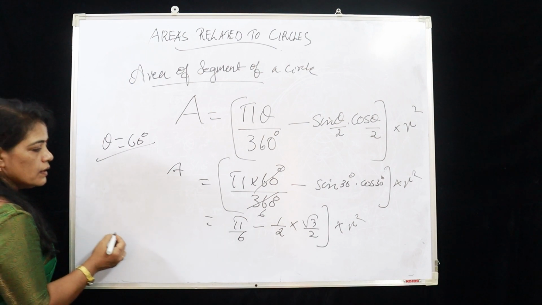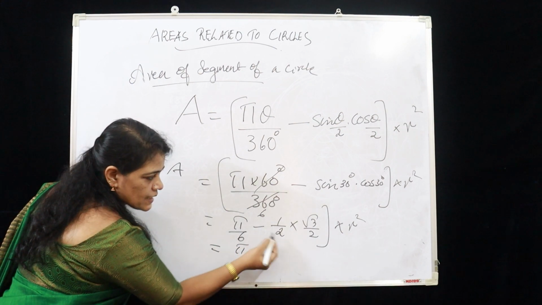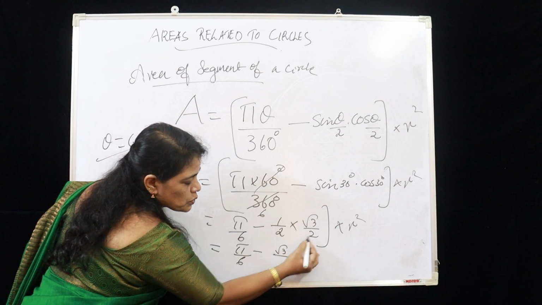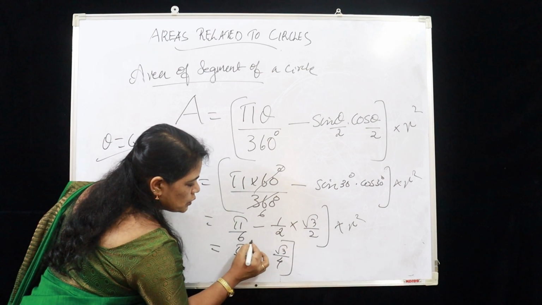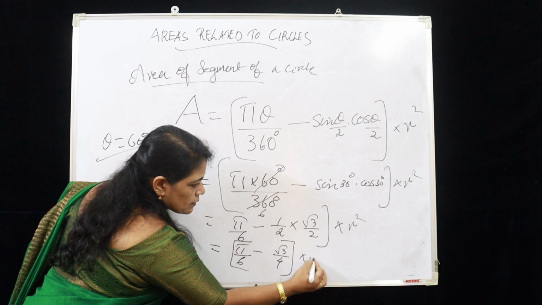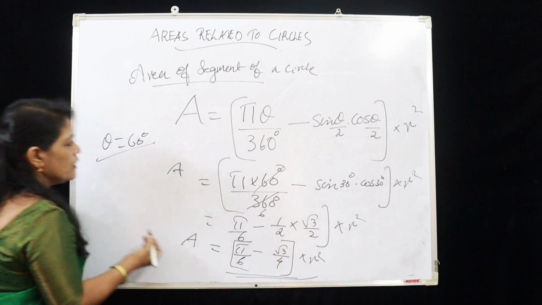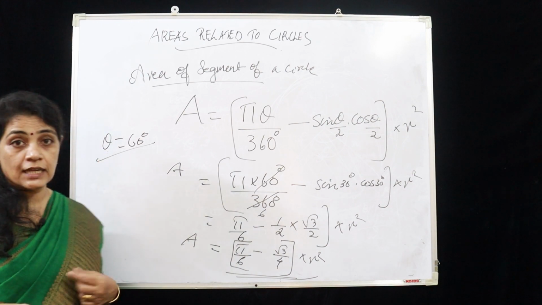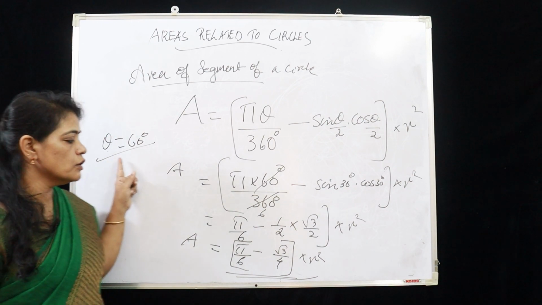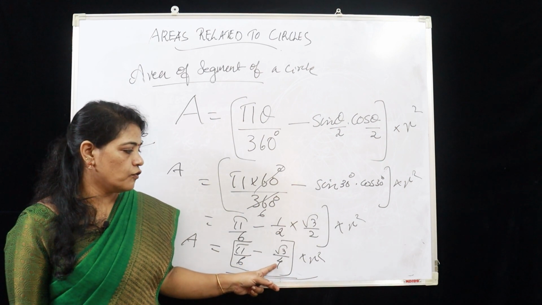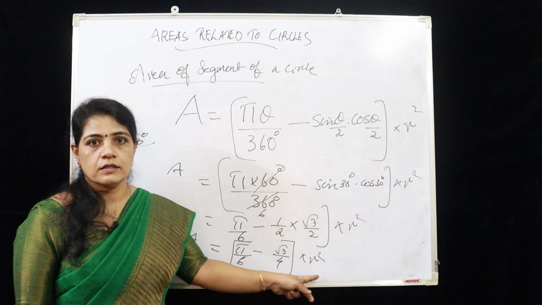This can be further reduced: pi by 6 minus root 3 by 4, into R square.